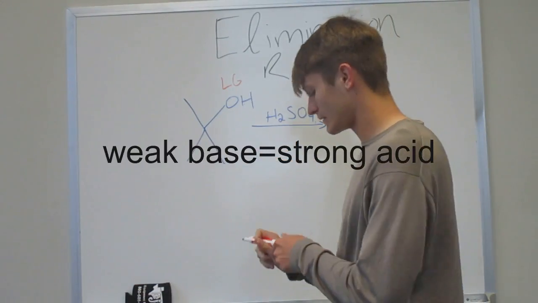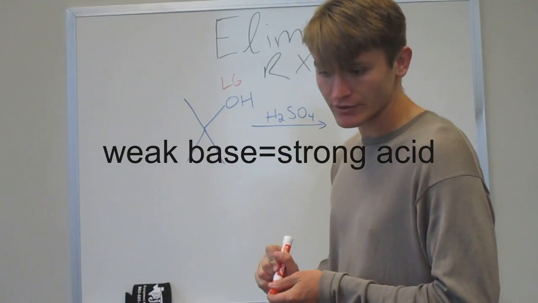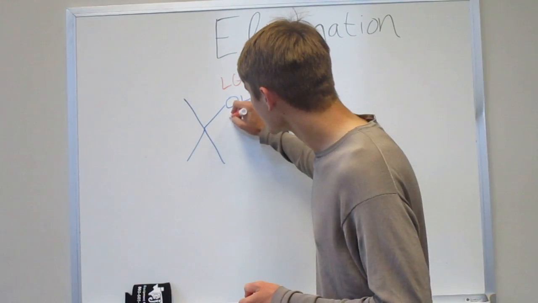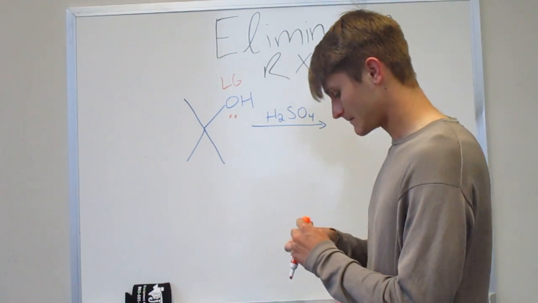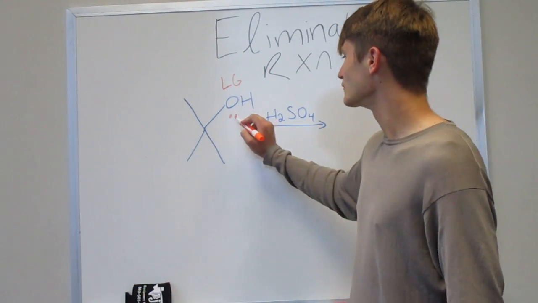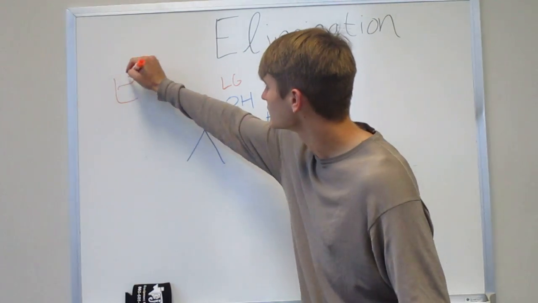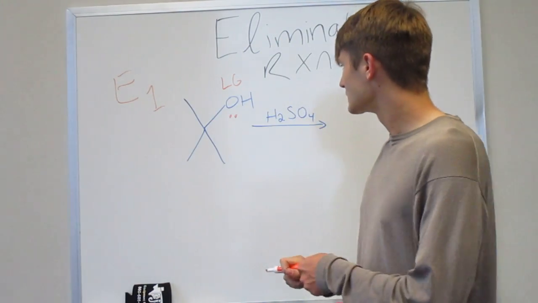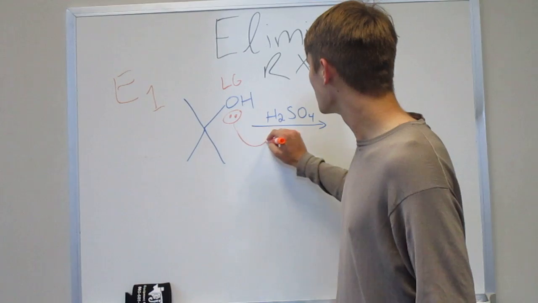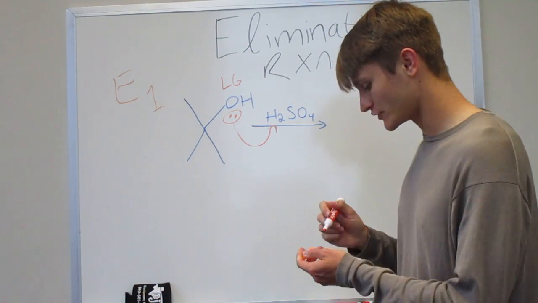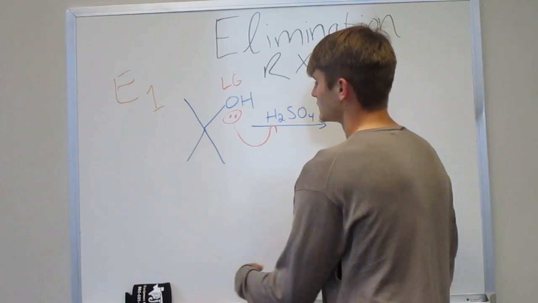So let's draw out this molecule. Here are the electrons for the oxygen, and this is a two-step since we know that it's E1. The oxygen's electrons will attack the hydrogen.